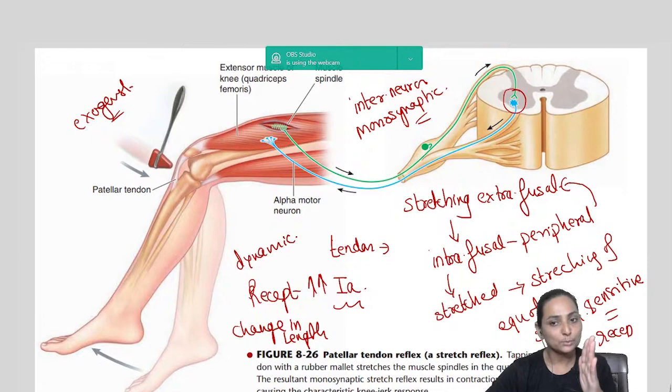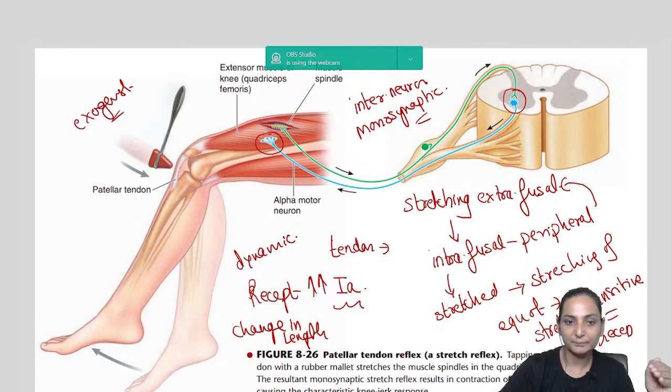This alpha motor neuron is now going to cause contraction of the muscle whose muscle spindle was stretched. Now when there is contraction of this extrafusal muscle fiber, the muscle spindle will return back to its original length and the stretch reflex will be terminated.